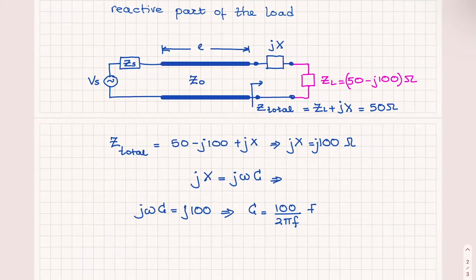Because F is 10 gigahertz, that becomes 100 divided by 2 pi times 10 to the 10.